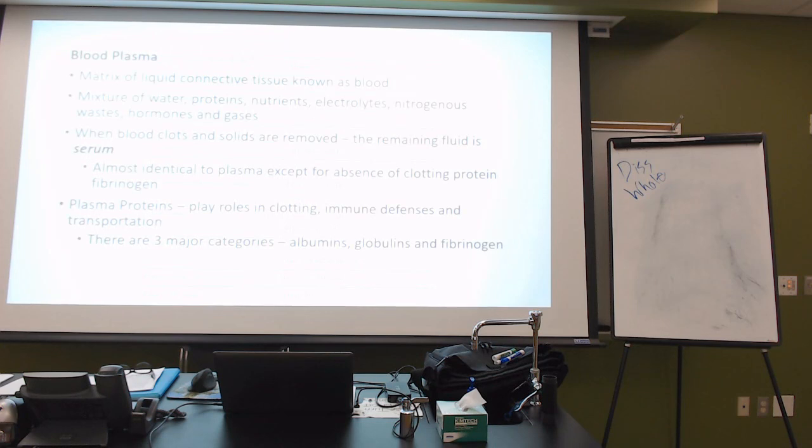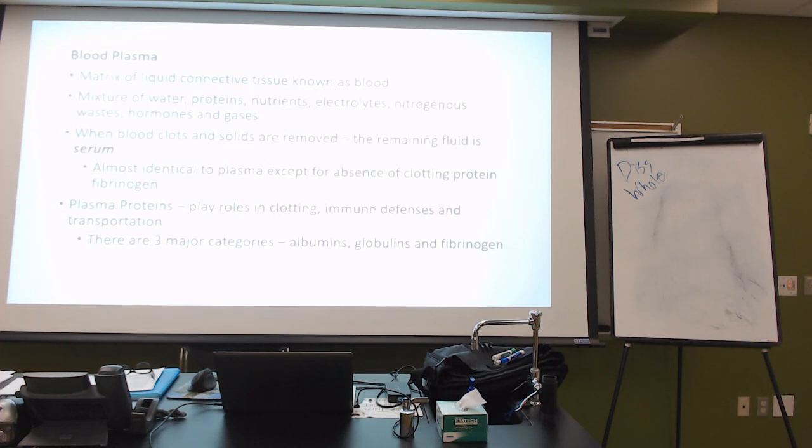In the plasma, this liquid connective tissue matrix, we're going to find a mixture of water, proteins, electrolytes, nitrogen waste, hormones, gases. Think about pretty much anything that is going to need to be transported in the blood.